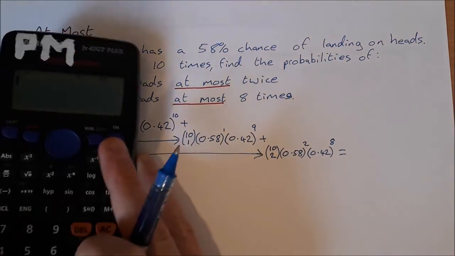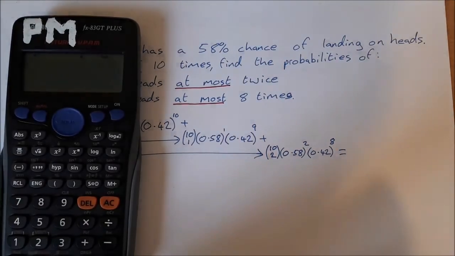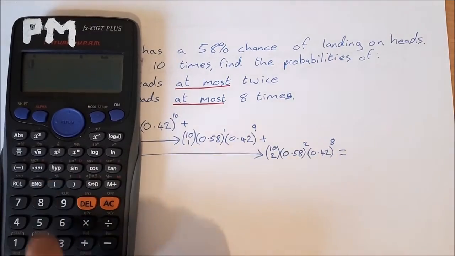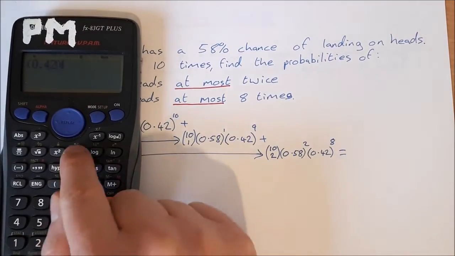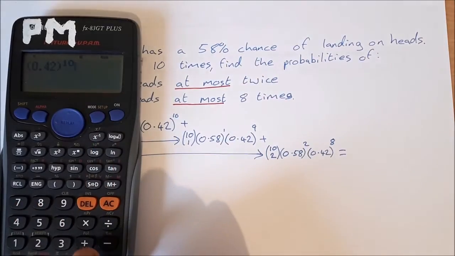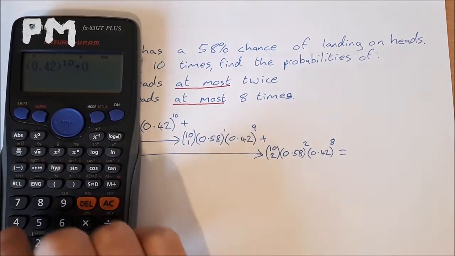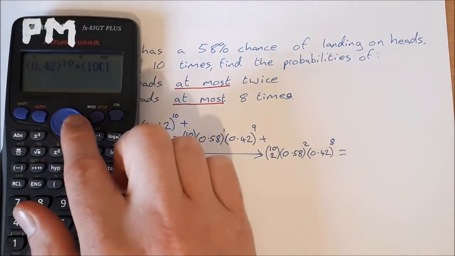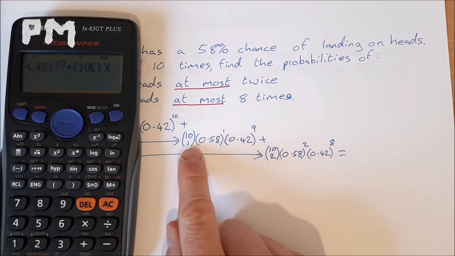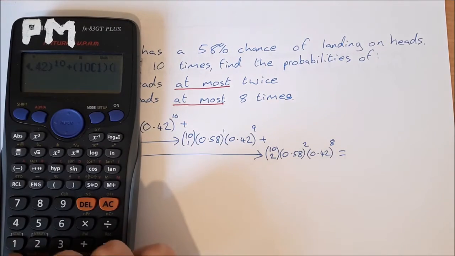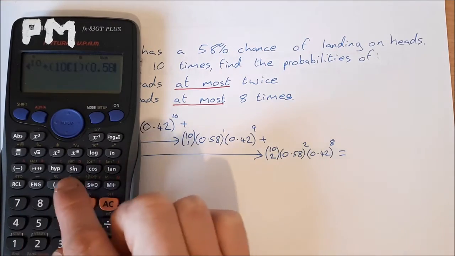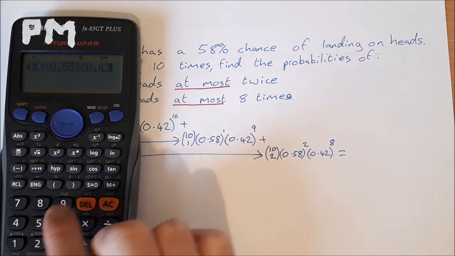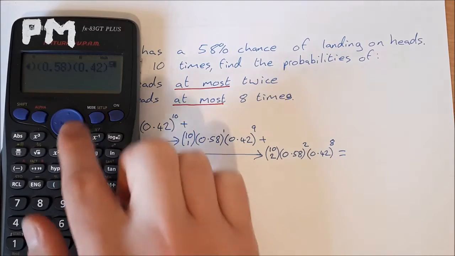So we can do that into the calculator in one go again. So in one go we have 0.42 to the power of 10 plus 10 choose 1. Now I know that's just 10, but I'm just going to put it in as it is on the page, times 0.58 to the power of 1, times 0.42 to the power of 9.